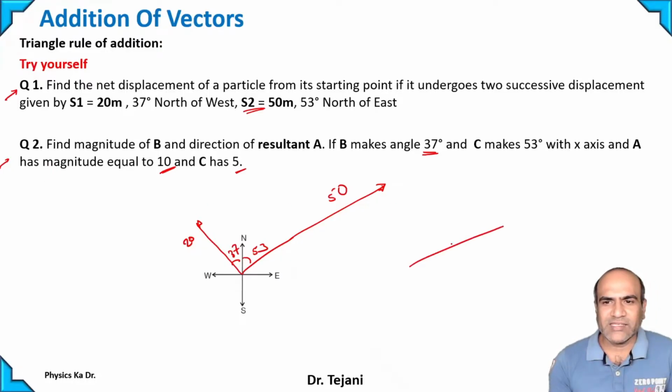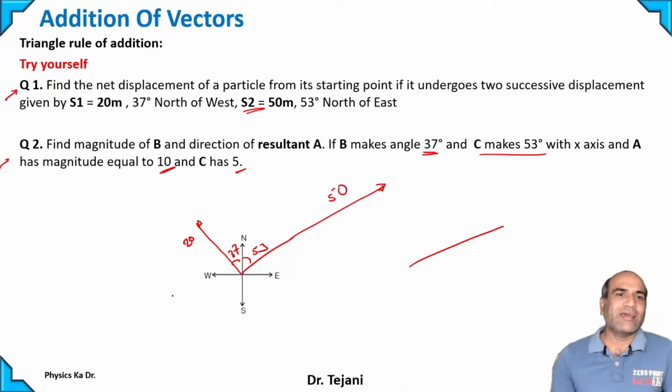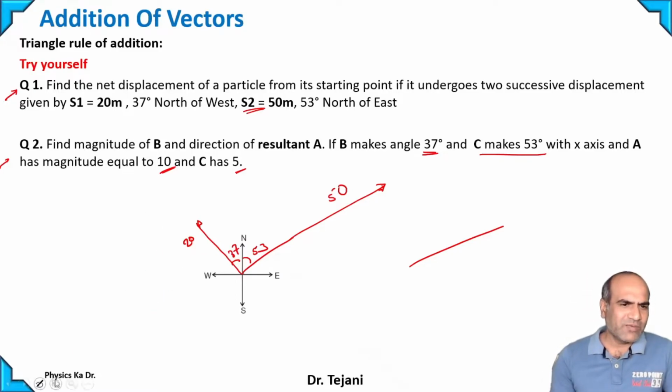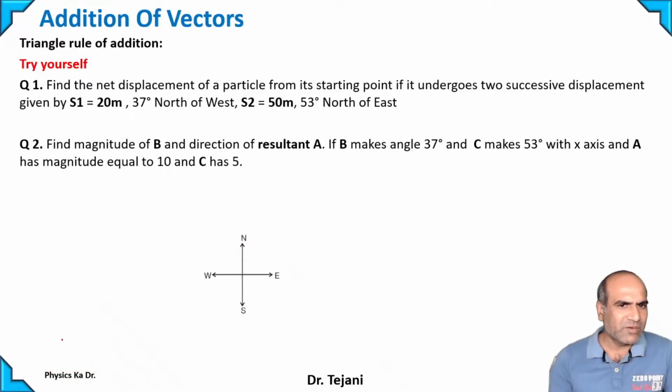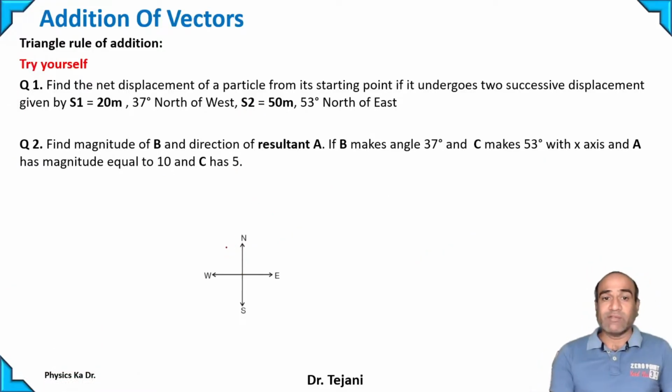B makes an angle 37, C makes an angle 53 with A, and magnitudes are given for A and C. Comment me your answer. This is your homework problem. If you don't get the answer, let me know. I will solve it. But I think you can do it.